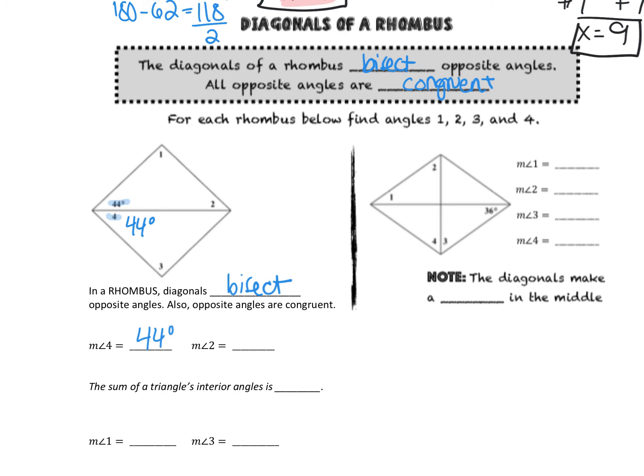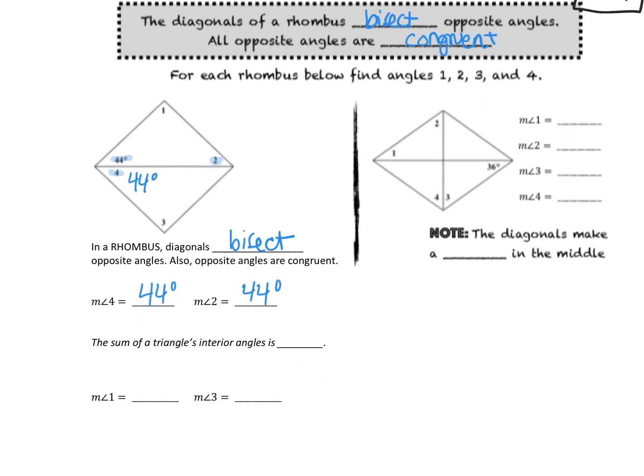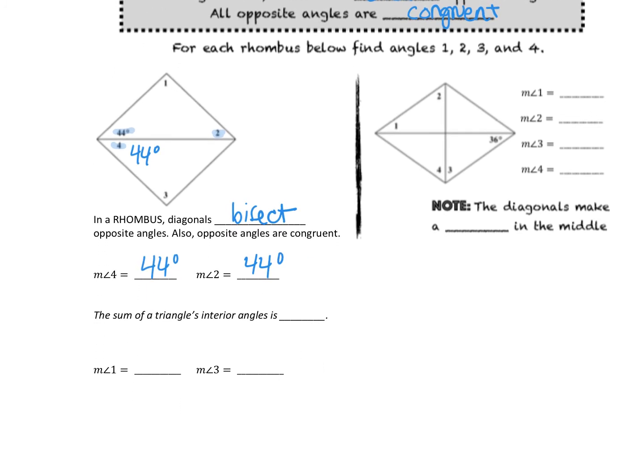So I know right off the bat that angle 4 is 44 degrees. I also know right off the bat that angle 2 is alternate interior to angle 4, so it is also 44 degrees.